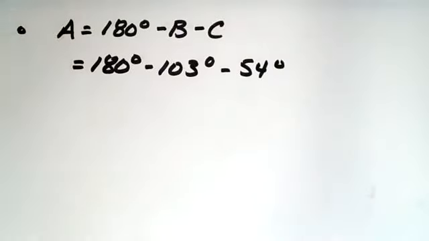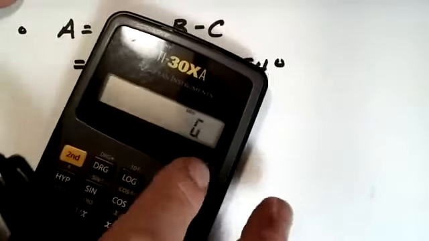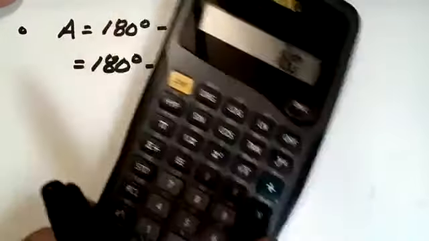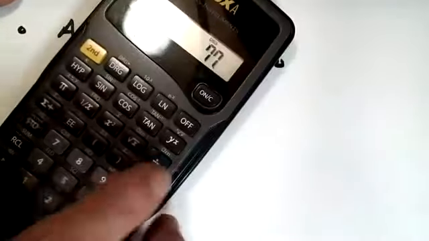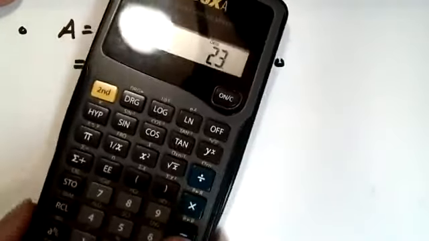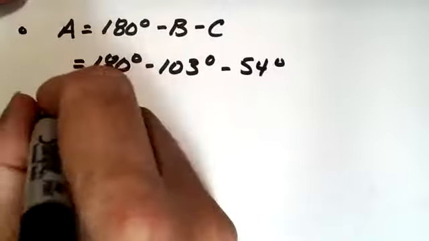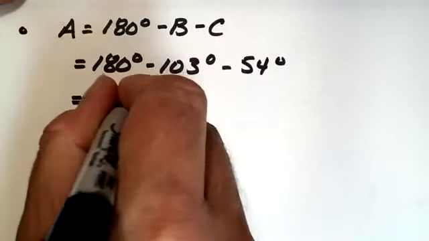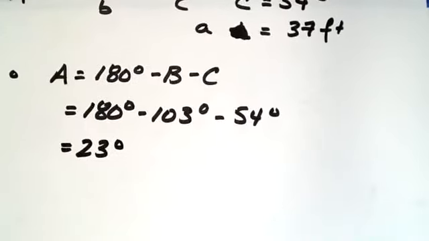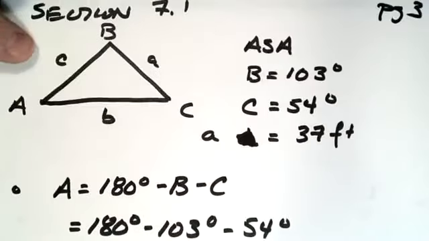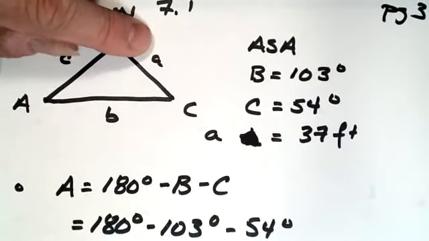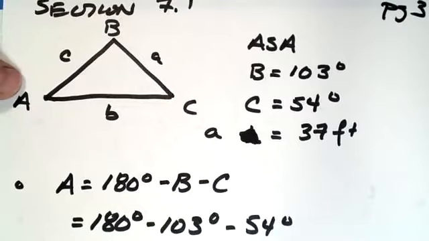And if you don't trust yourself to do this in your head, which is always a safe bet not to do, 180 minus 103 minus 54, we get 23 degrees. So A equals 23 degrees. Okay, so now that we have these opposing pairs, we have A, therefore we have sine of A, and the distance little a.